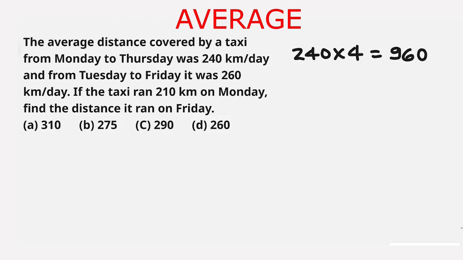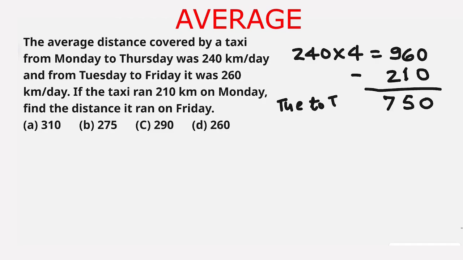If we subtract the distance covered by the taxi on Monday, which is 210 km, then we will find the distance covered by the taxi from Tuesday to Thursday. So 960 minus 210, 0 minus 0 is 0, 6 minus 1 is 5, 9 minus 2 is 7. So Tuesday to Thursday, the distance covered is 750 km.